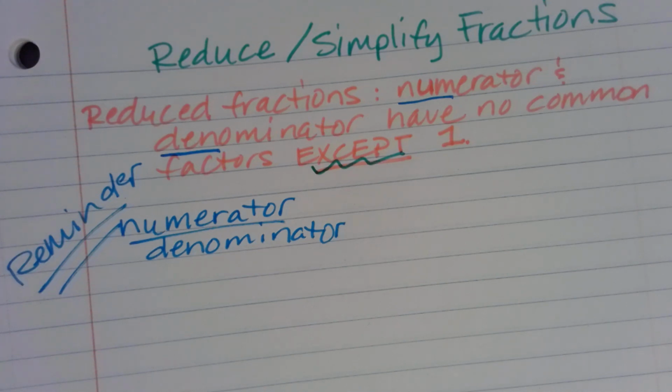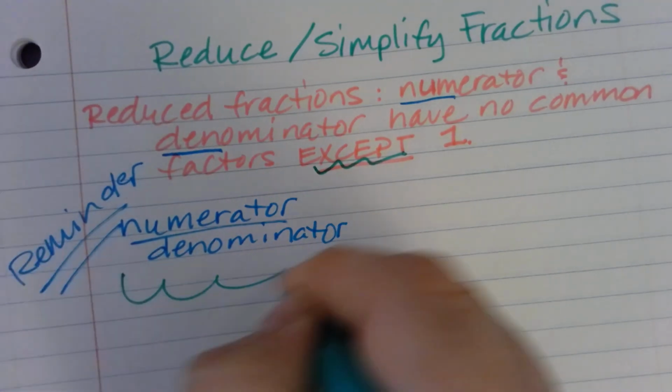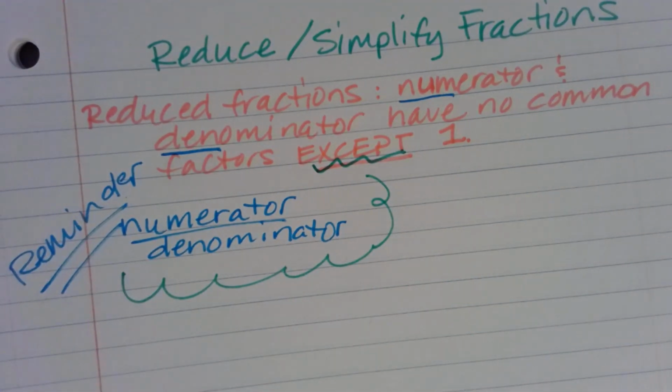They don't have any common factors except for the number 1, okay? Go ahead and write that down. And when I show you some examples, that will be even more clear, okay?